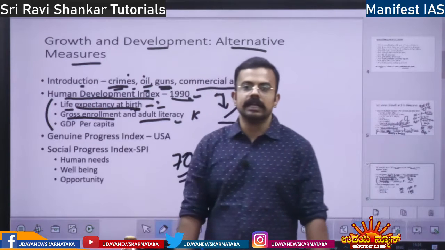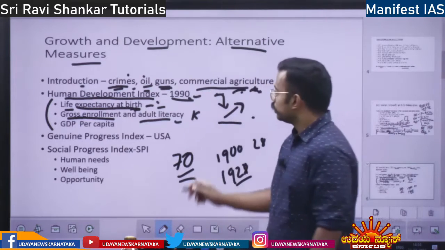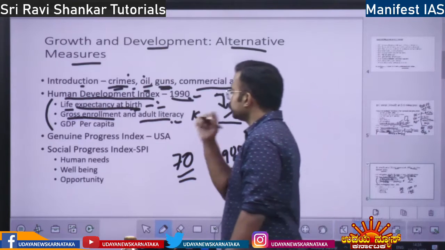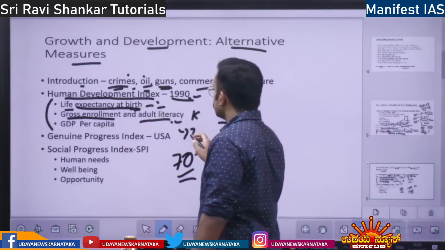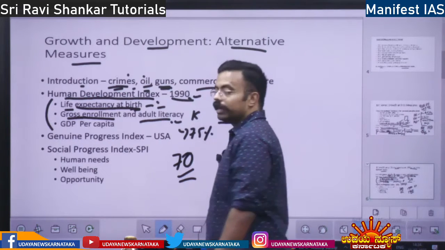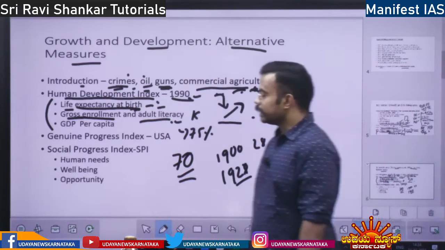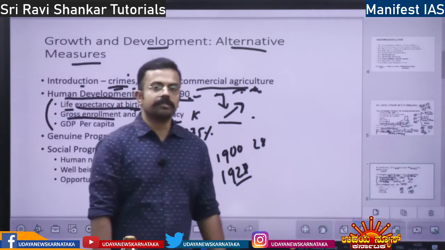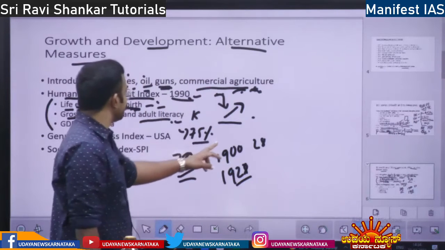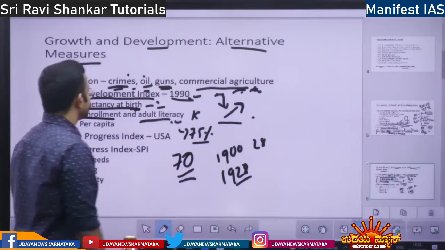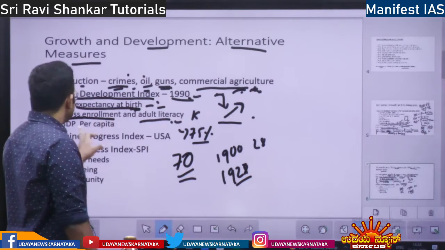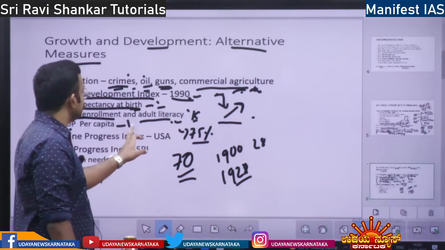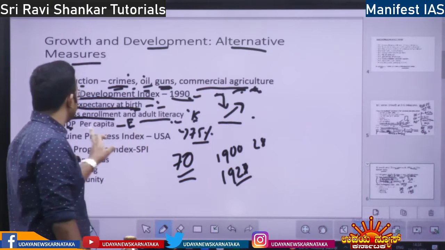Literate means those who can read and write. So how many percent of Indians? Today, average literacy in India is 75%: 84% for males and some 69 or 70% for females. But the average is 75%. Adult literacy. Okay. Next, this measures the knowledge function. What does the third measure? This measures the economic part, GDP per capita.